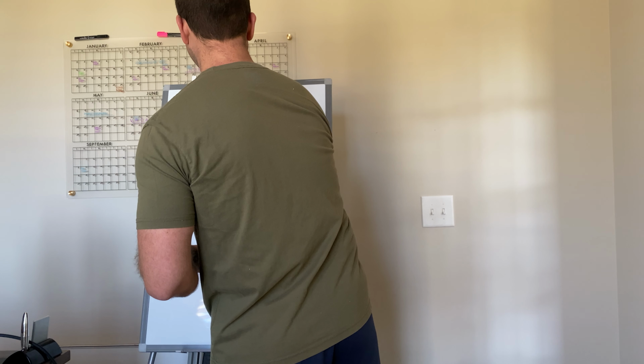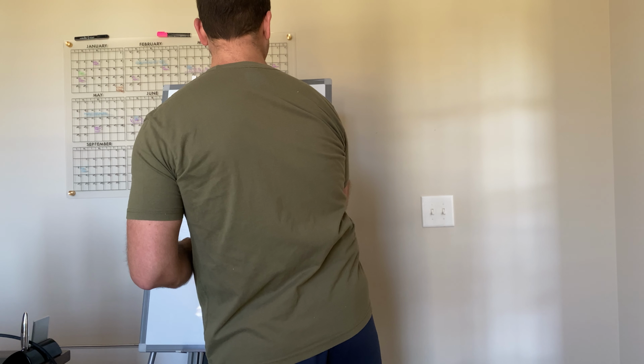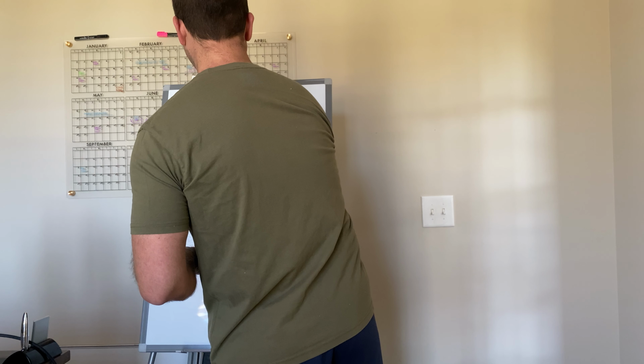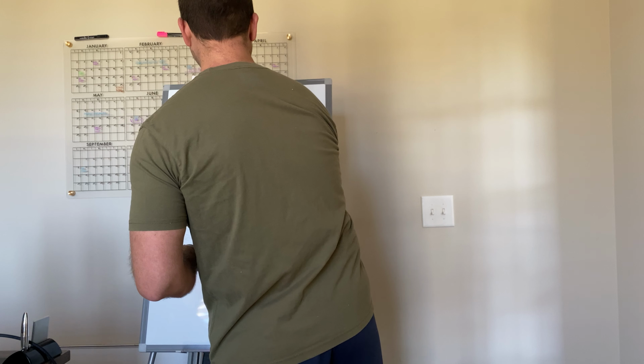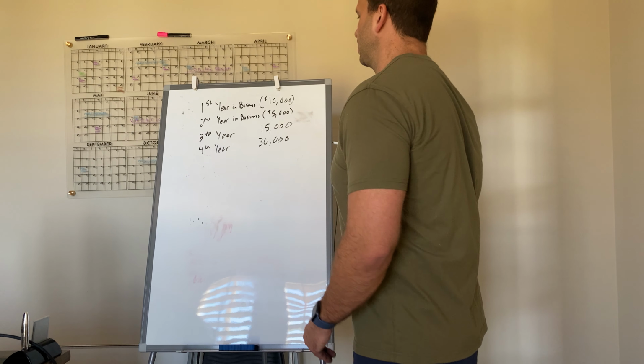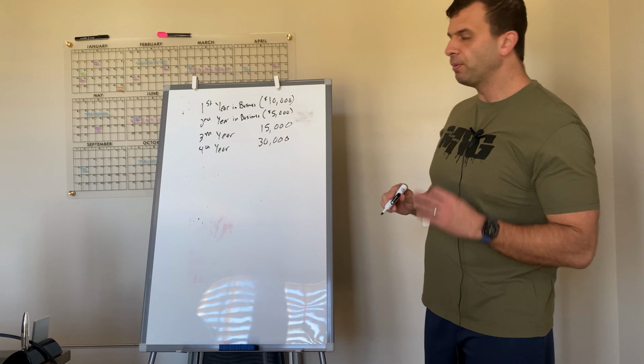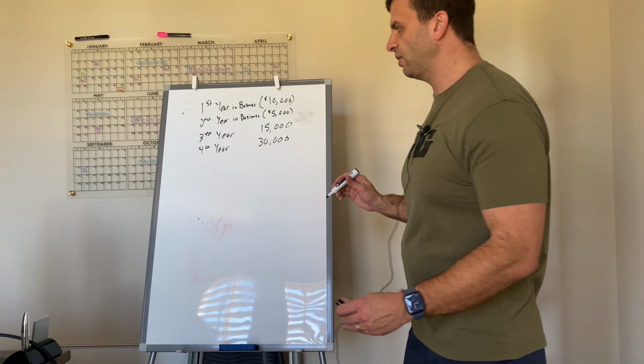Third year, $15,000 in profit. And so these are, when you do your books, these are what you have. So here's how we figure out what is retained earnings.